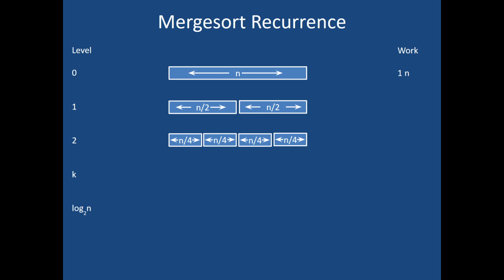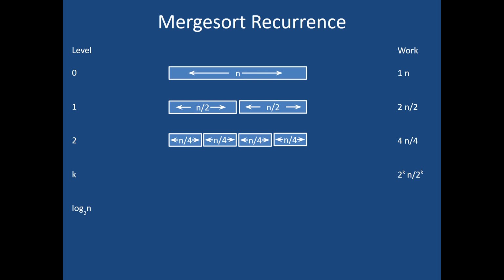What about at the next level? We're doing 2 merges, each n over 2. So that's 2 times n divided by 2. What about the next level? 4 times n divided by 4. What about the kth level? It's 2 to the k times n divided by 2 to the k.